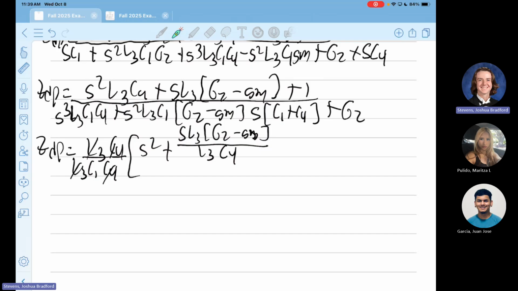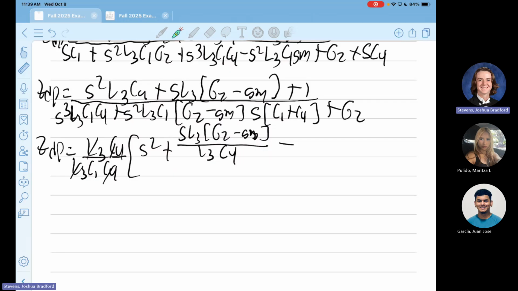Questions? Does everybody see why? If I multiply this L3C4 to this number, that L3C4 is going to cancel out this one. That'll just leave me with that term. Does that make sense? Yes? Still, I got some. I added that L3C4 on the bottom for the S L3 G2 when it was GM.